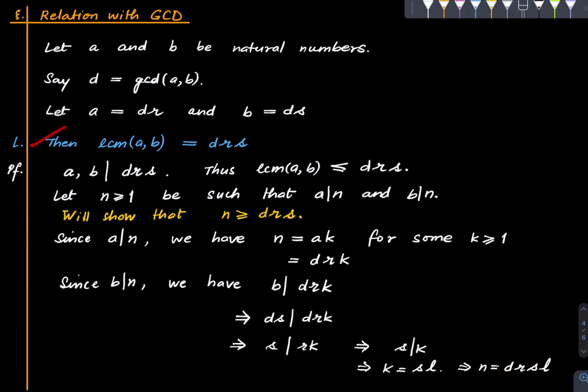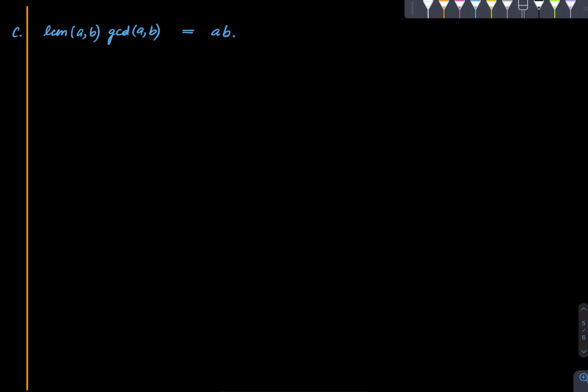A very simple proof. And now let us finish the lecture with this observation, that GCD times LCM is the product of two integers. Let's say a and b are natural numbers. You can maybe mess around a little bit and say both are negative, both are positive, but let's say they are just natural numbers for simplicity. So very simple. a is equal to dr and b is equal to ds, where d is equal to the GCD.